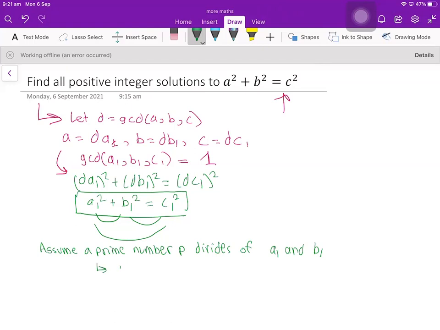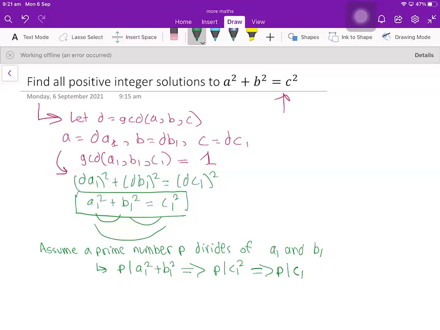This means p must divide a1 squared plus b1 squared. And this is because if p divides a1, it divides a1 squared, and if p divides b1, it divides b1 squared. So p divides a1 squared plus b1 squared, and this means p divides c1 squared. And since p is a prime number, the only way for p to divide c1 squared is for p to also divide c1.